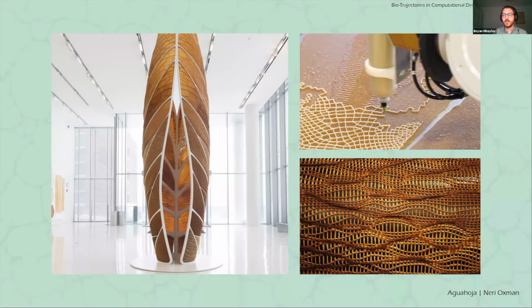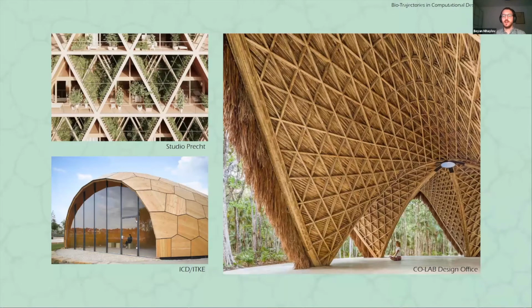Speaking of organic materials, there's a very positive trend of a revival of regenerative materials such as wood and bamboo, which have been a very regular choice for computationally designed buildings as well, due to the affordability of the material and its easy processability.